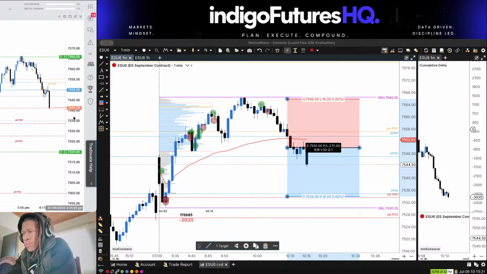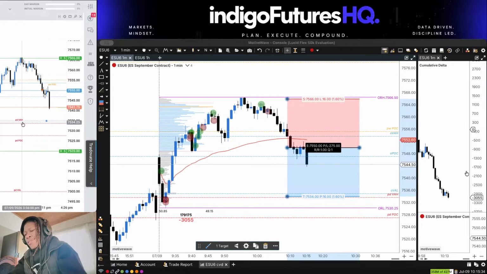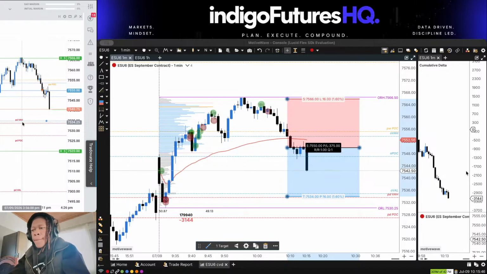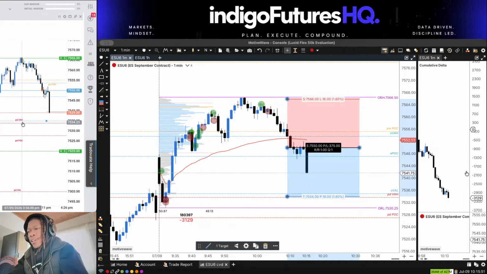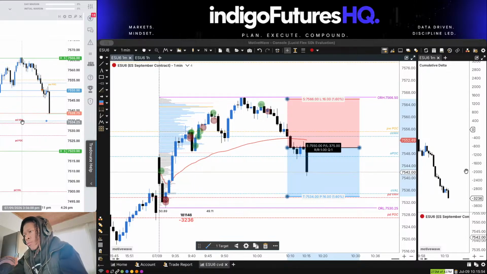I do want to hold to see if we can break inside previous day value area high, and then maybe if we can, we could do the other side. I only bob my head like that just to make sure my camera's on. So okay, it looks like we're pretty much good here.